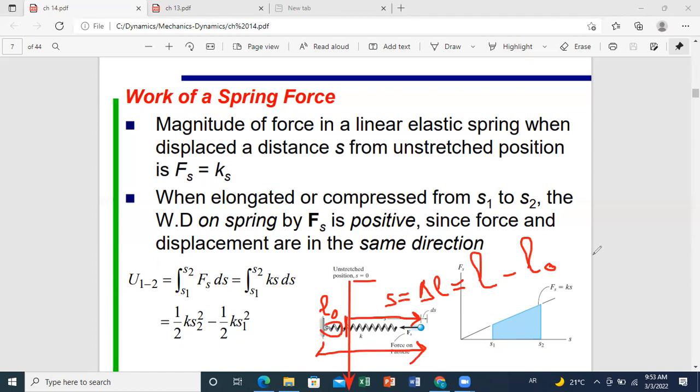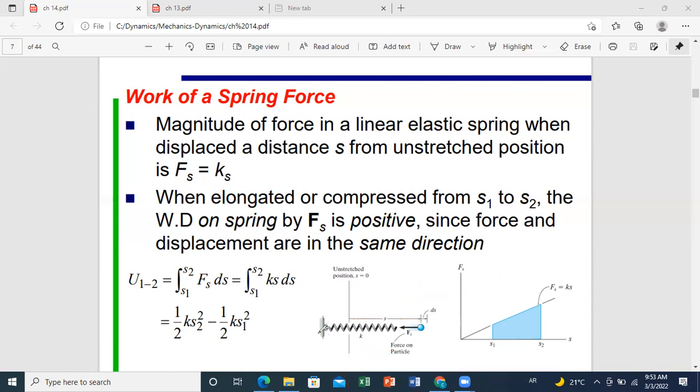Okay, so please pay attention. This is only if I take S at the unstretched position. I can take any origin for S. If I take the origin for S here at the beginning of the spring, then I can express delta L as a function of S. So this will be S, and this will be L0.